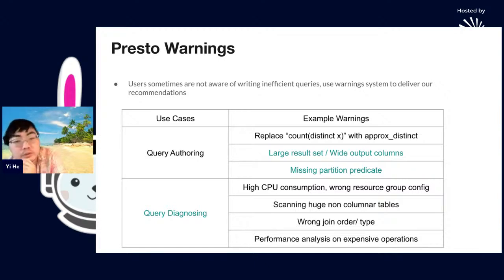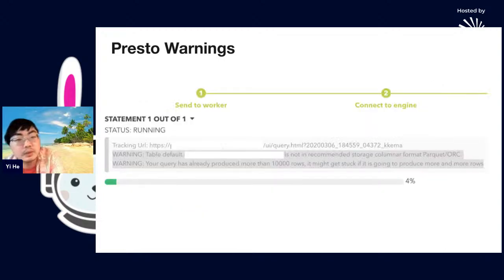We also let the user know that their query has some really expensive operations that can be optimized. We relay that information back to the user as the query executes, so that they can cancel or optimize the query immediately to avoid unnecessary waste of cluster resources.